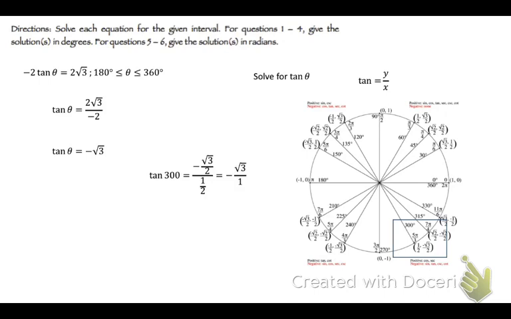You get negative square root of 3 over 1, which equals negative square root of 3. So theta equals 300 degrees. We're not going to do it in any other quadrants because we're only working with the bottom 2. And tangent's positive in the 3rd quadrant, so it's not going to work there because it has to be negative square root of 3.